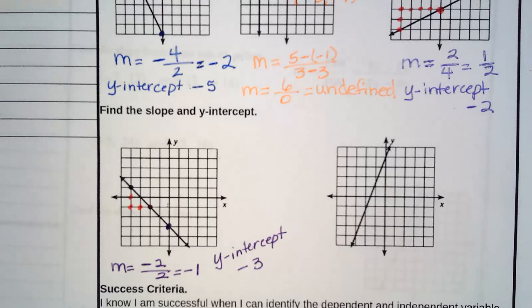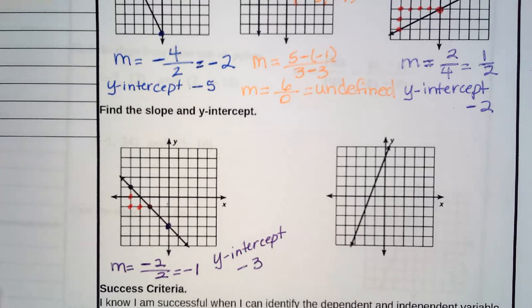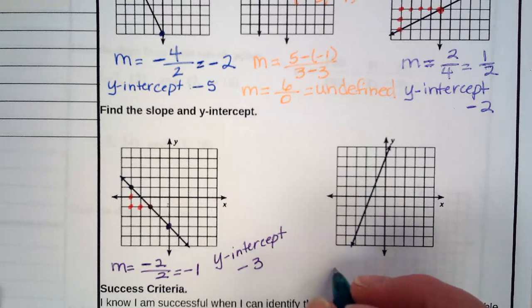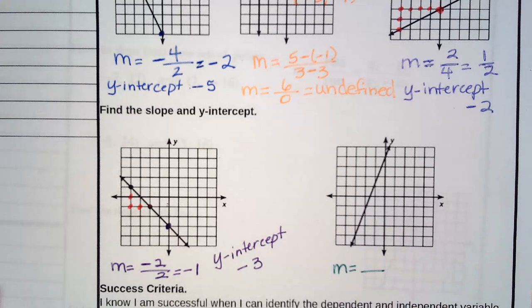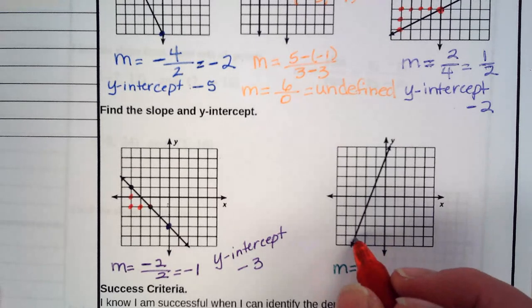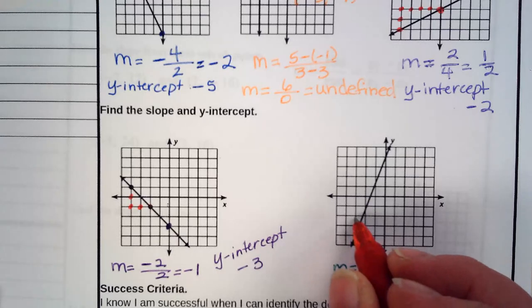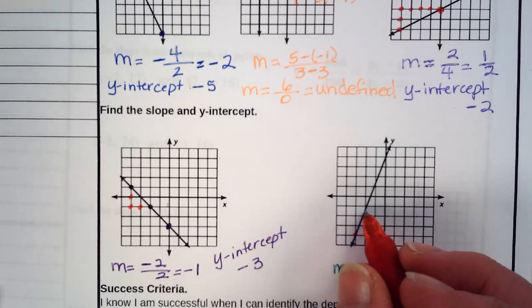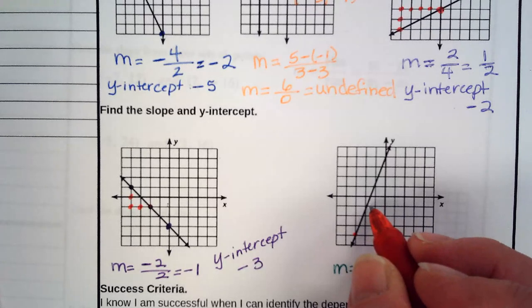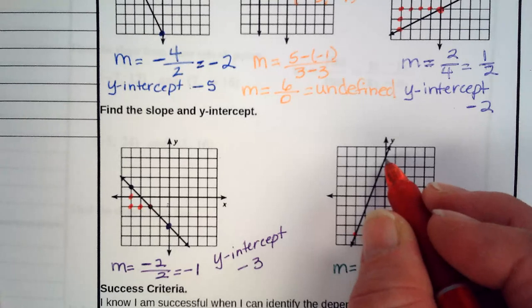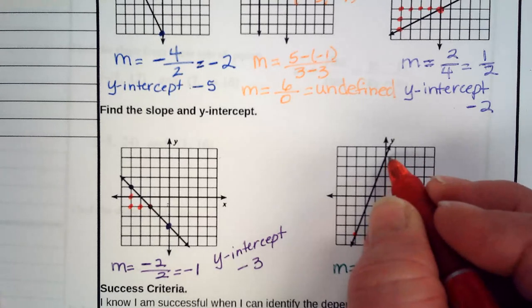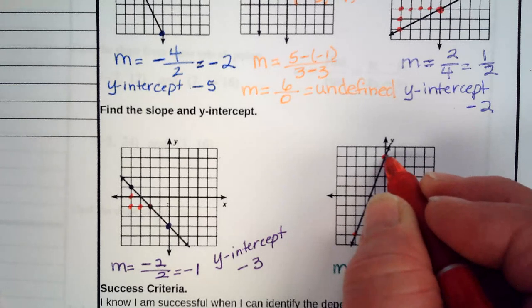What about the next one? We know it's a positive slope. I've got to identify the 2 points I'm going to use. I've got one here. I go up 1, 2, 3. Not quite on the corner of the box. So if I come up here, it is.